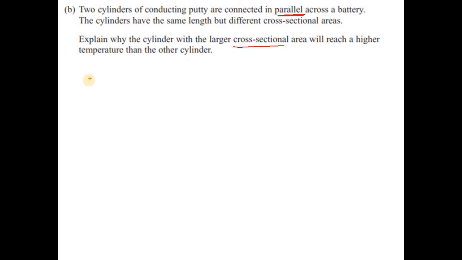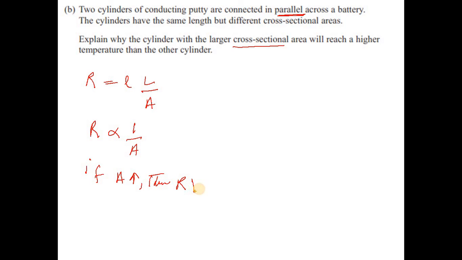So you can see that you have a relation resistance is equal to rho L by A, and resistivity and the length for both cylinders are the same, so you can say that resistance is inversely proportional to the area. That means if area is larger, then resistance would be less according to the relation.